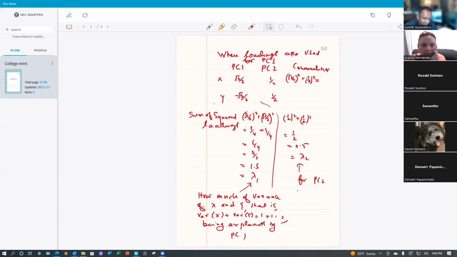I'm squaring: 3 over 4 plus 1/4. Sorry, root 3 over 2, and this one 1/2. So I'll write this one more time: 3 over 4, and this one 1 over 4. Yes, 3/4 plus 1/4.